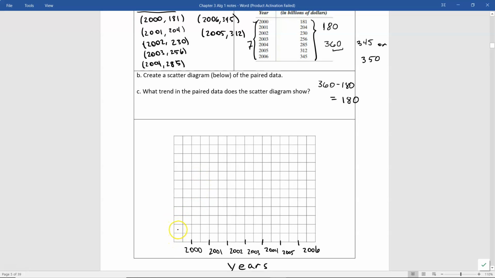Let me just double count. 1, 2, 3, 4, 5, 6, 7, 8, 9, 10, 11, 12. Then we have 12 boxes that we can fill. If we subdivide this into 20s, 180 divided by 20, that means we only fill up 9 boxes.